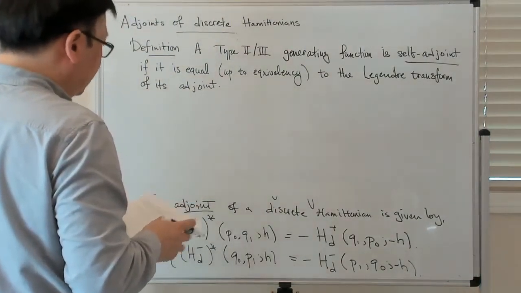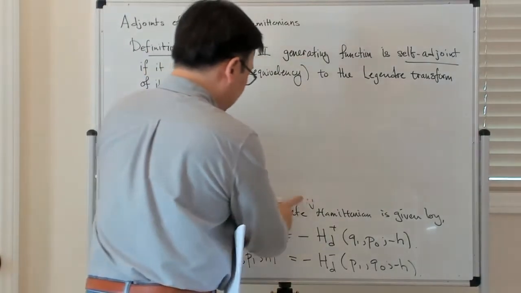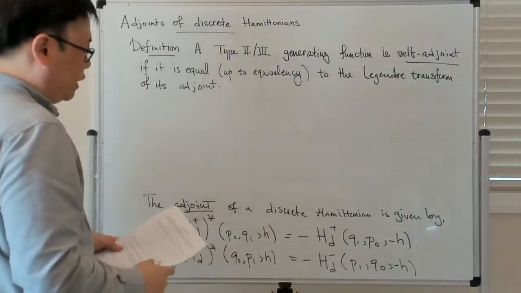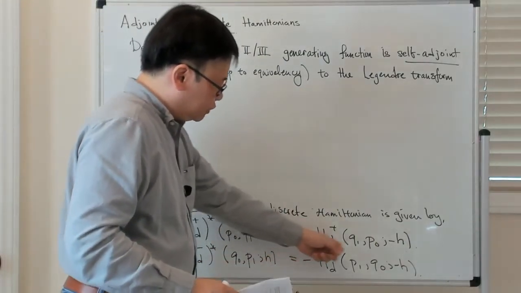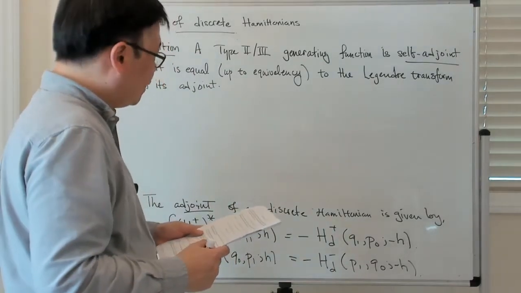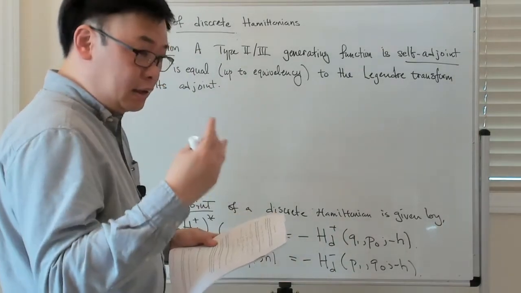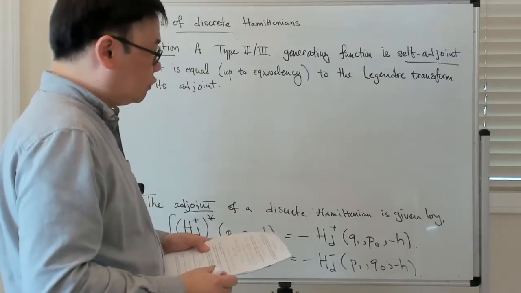Basically what's happening is that if you started with one of these generating functions which normally depends on initial position and final momentum, you can construct a different type of generating function by taking its Legendre transform.